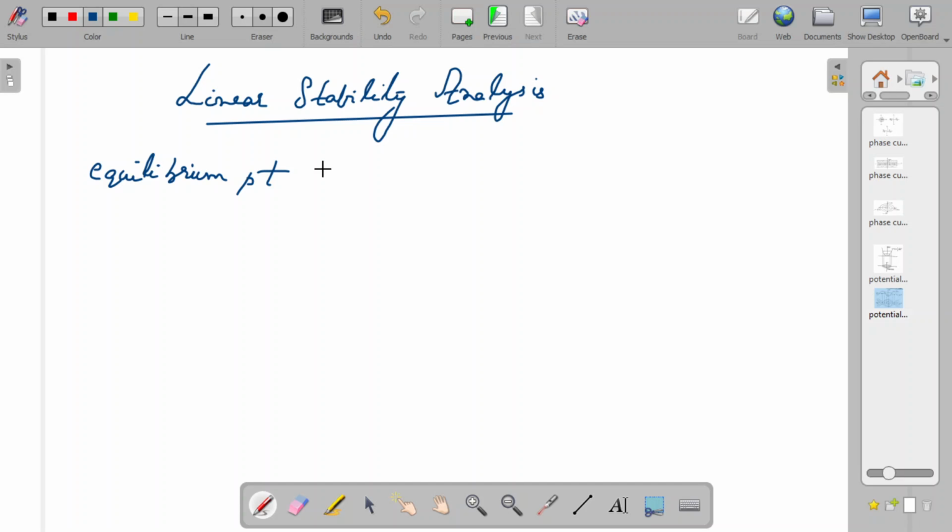Unless you give any kind of perturbation, the system will remain in that particular state for a long time. That is called the equilibrium point. This point is also referred to as a fixed point or critical point. They all are the same.